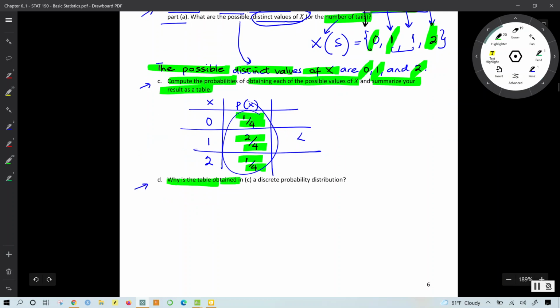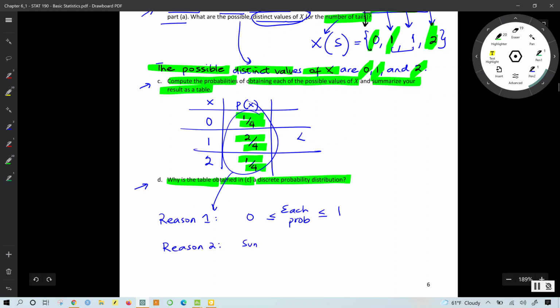Why is the table obtained in C above a discrete probability distribution? Here are the reasons. Reason 1. Each probability is a number between 0 and 1 inclusive. Reason 2.